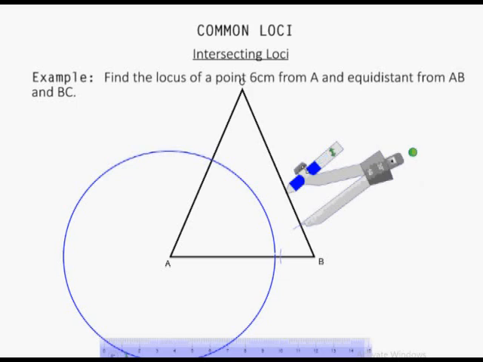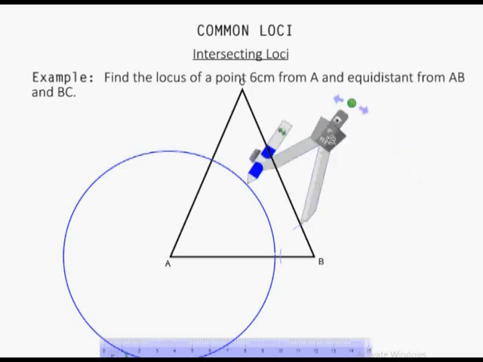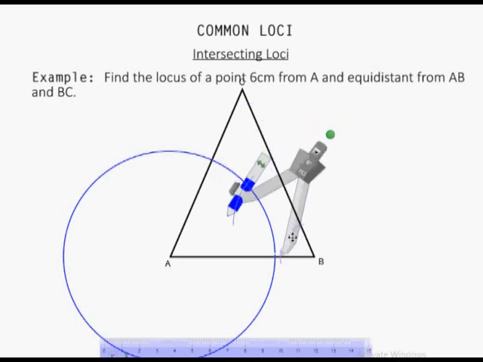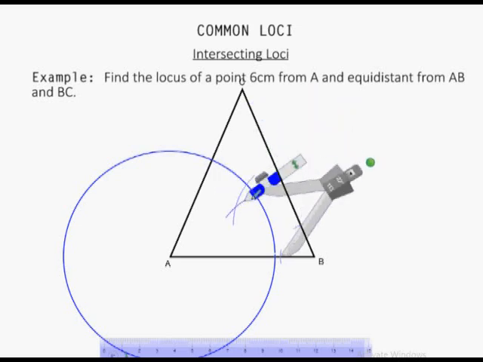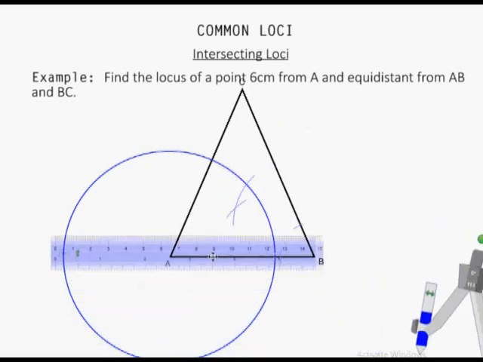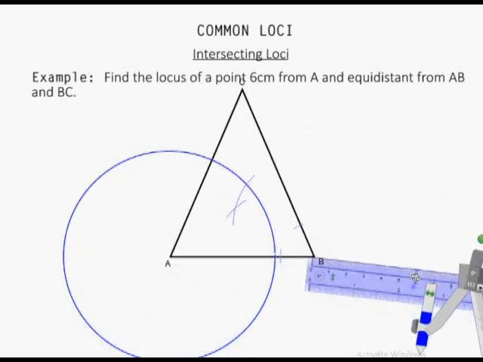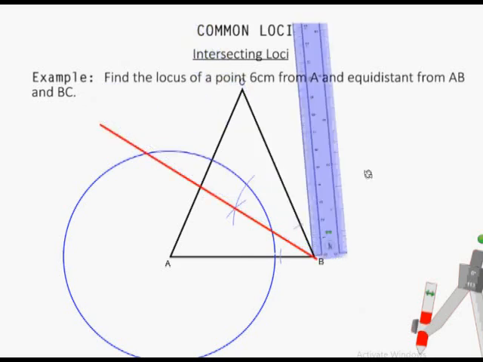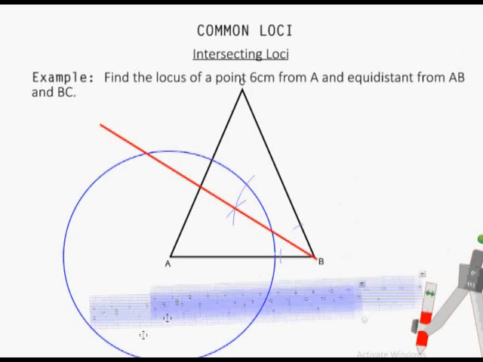Go to this point and make an arc there, move down and make an arc also. Now draw the bisector.